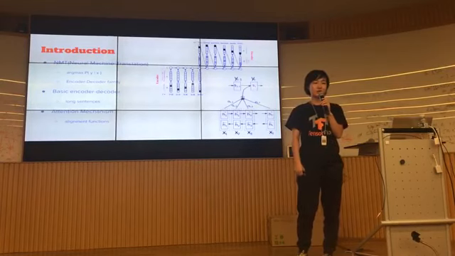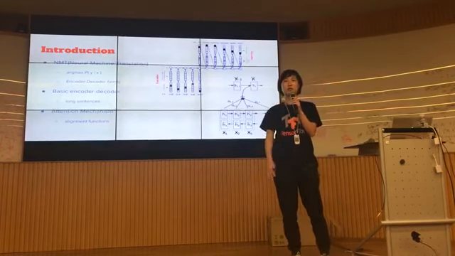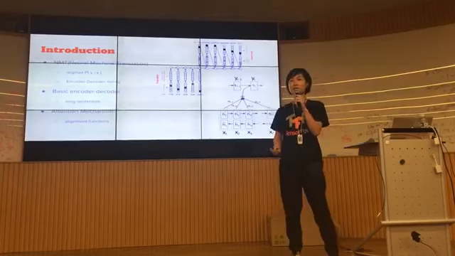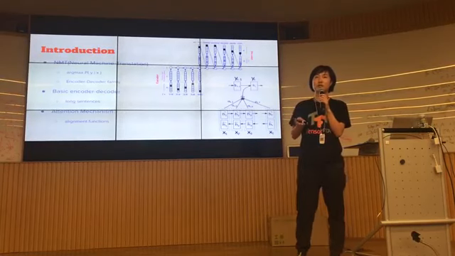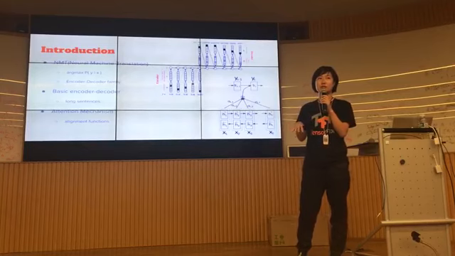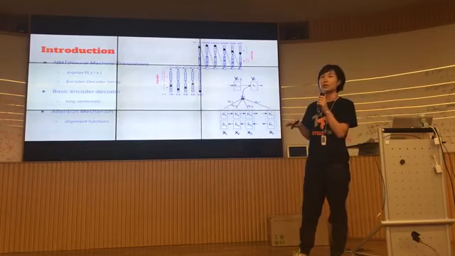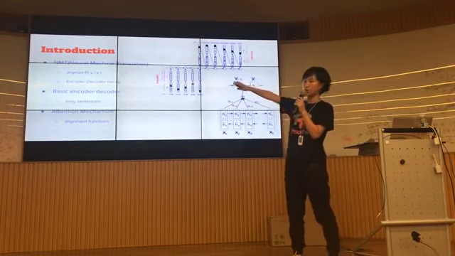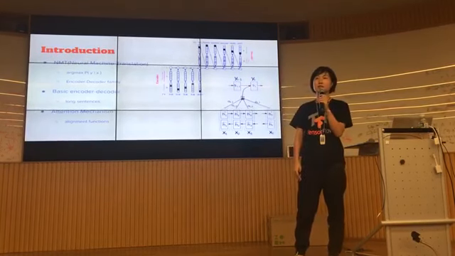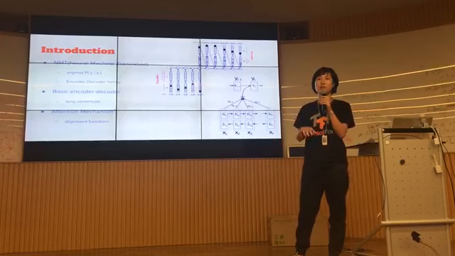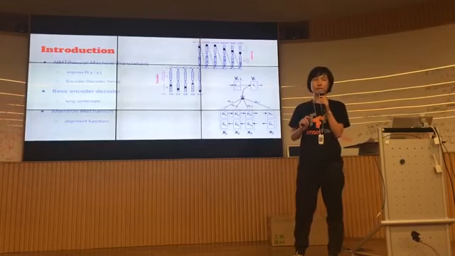Firstly, I'll generally introduce neural machine translation. The task of machine translation is, when you get a source sentence X, you need to find the target sentence Y that maximizes the conditional probability. Neural machine translation uses a neural network to maximize the translation performance.